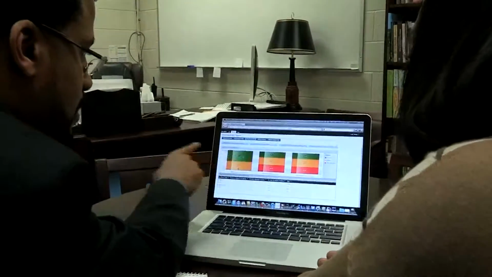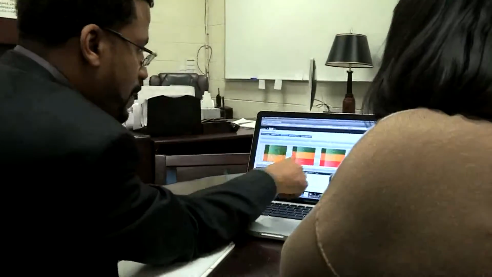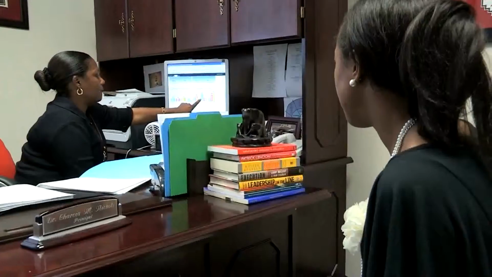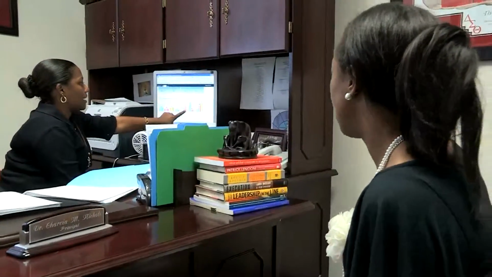Principals and teachers will have the ability to see all of their information related to teacher effectiveness, including student achievement data, teacher demographic data, student information, as well as what we use to determine or help to determine teacher effectiveness around instructional quality.